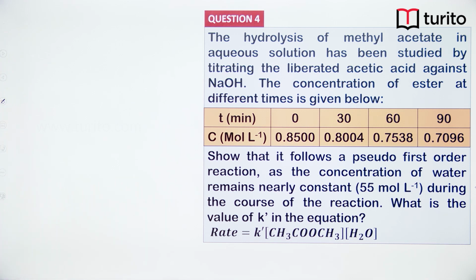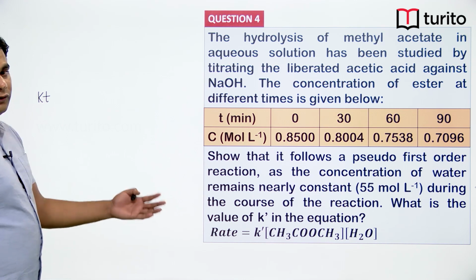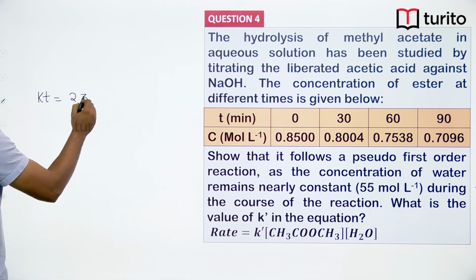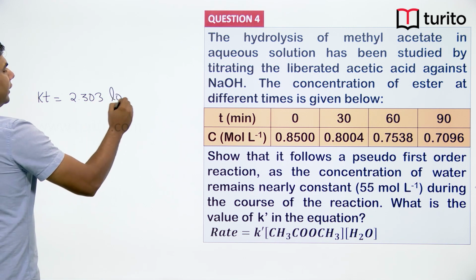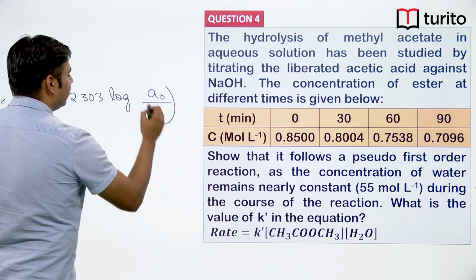So what we'll do in this case? Because it is a pseudo first order reaction, Kt is equal to 2.303 log of initial concentration upon the final concentration.